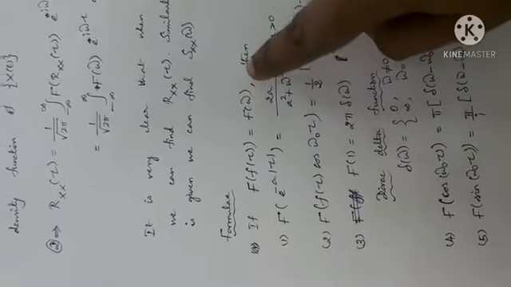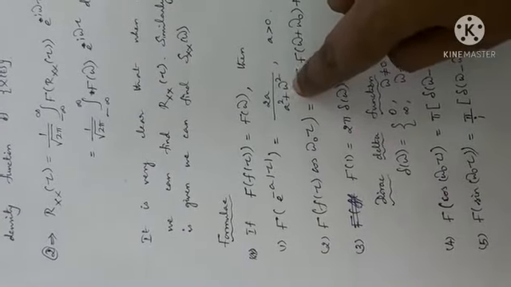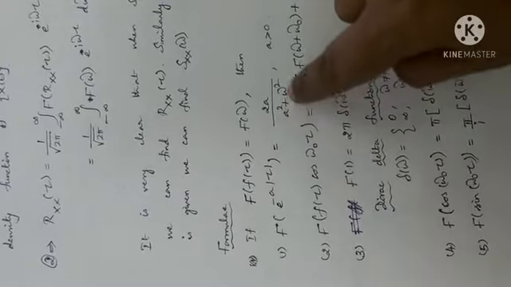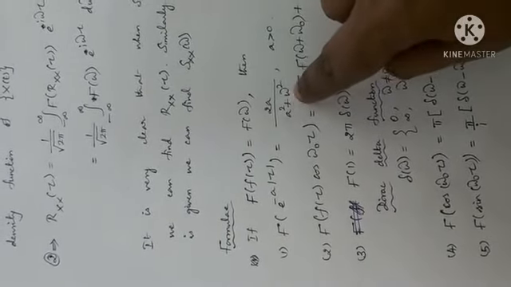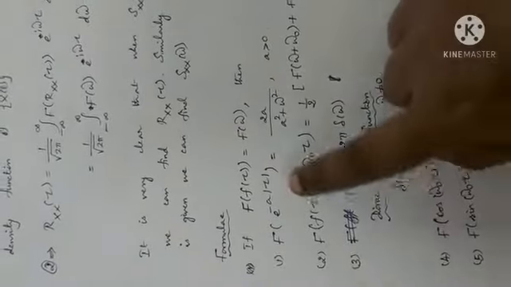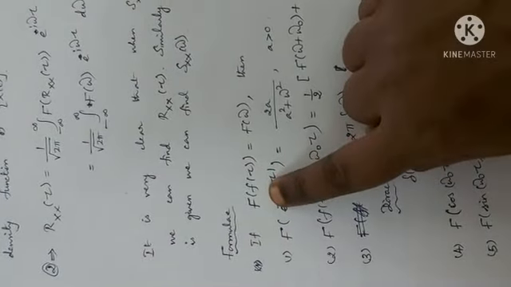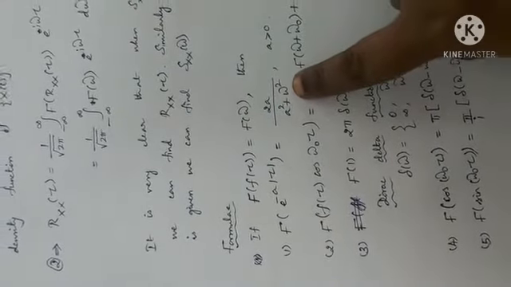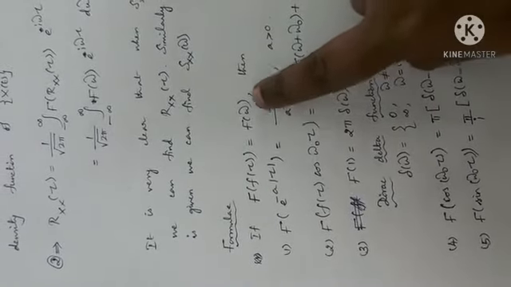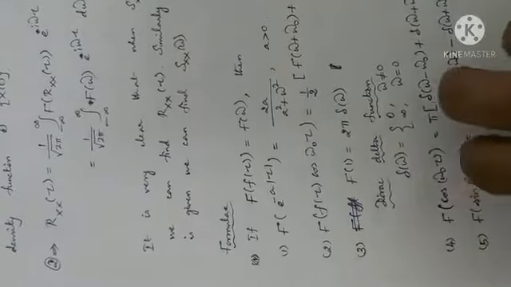So here, 2a by a square plus omega square. This is a formula, so learn it as a formula, though you do not know the proof. As I told you, when you do the integration, after integration the answer will be a function of omega. You can see the answer is a function of omega. A is a constant.